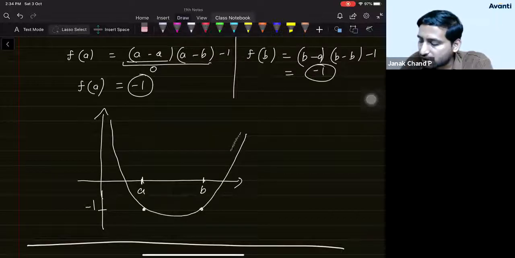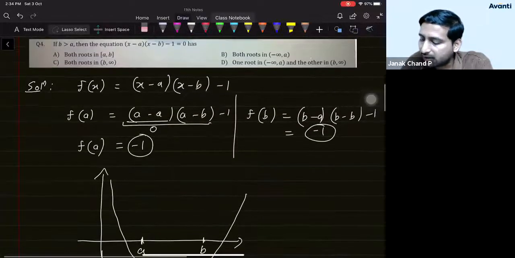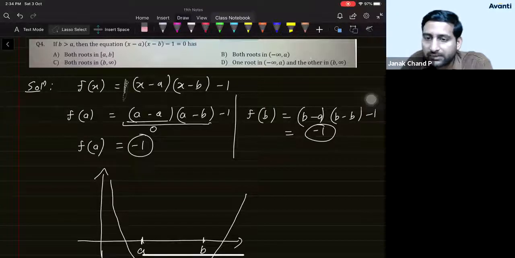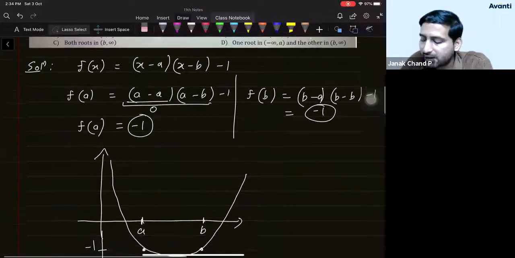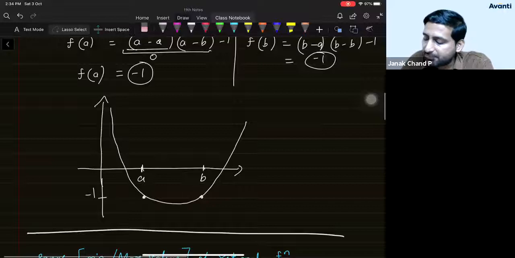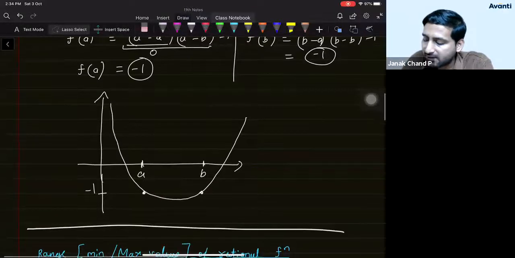It is surely looking upwards, student, because for the quadratic equation, the coefficient of x square is positive. If you multiply this, the coefficient will be 1. After that, we know that at the two values A and B, the height is minus 1, right? F of A represents the height at the point A. So it is minus 1 and minus 1, right?